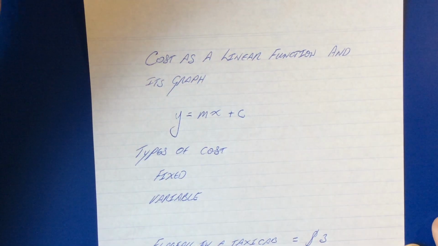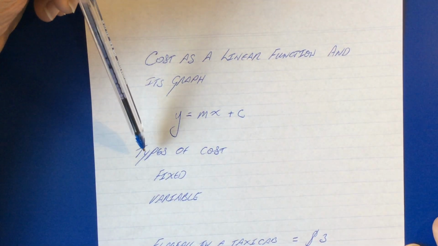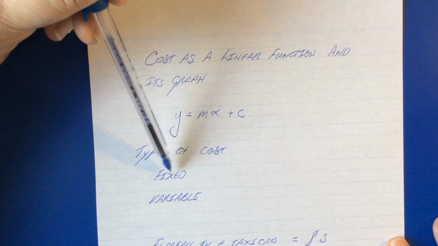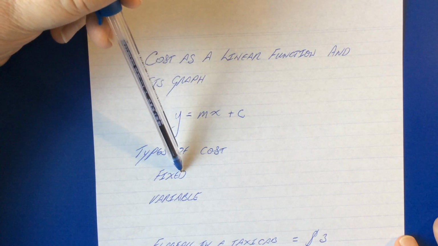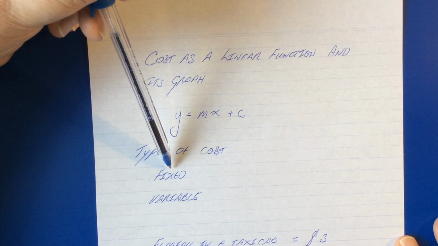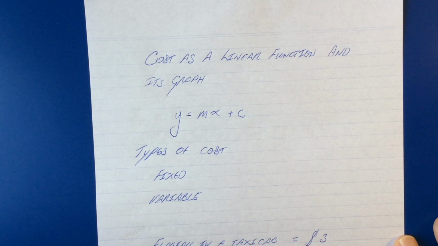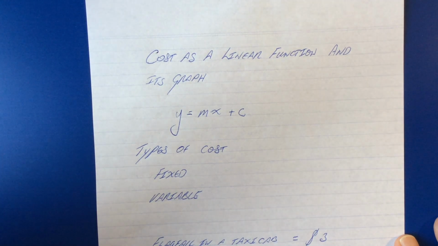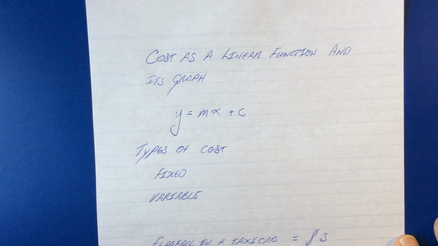Well, we need to look at what cost involves, and there are two types of cost. There's a fixed cost, which is a cost that never changes, and an example of that might be something like a fee that you pay to access a service, such as, say, a plumber.